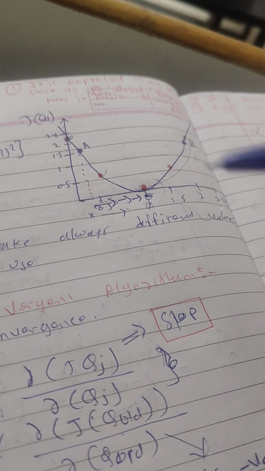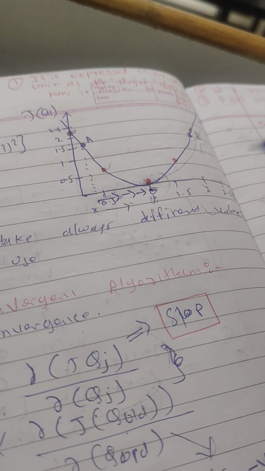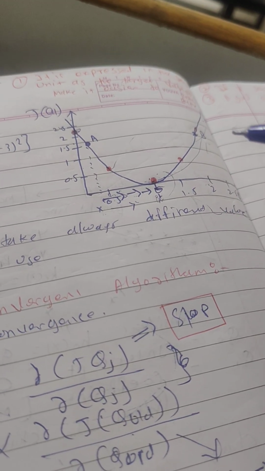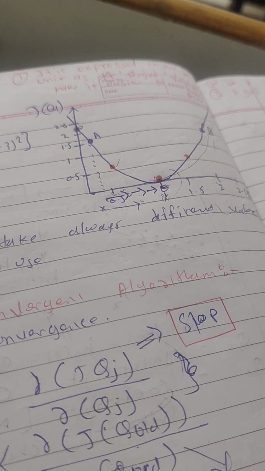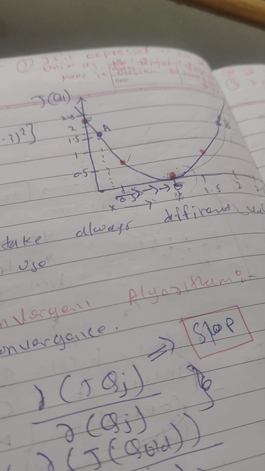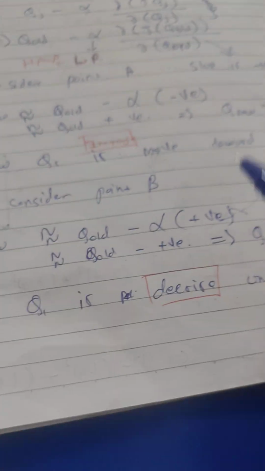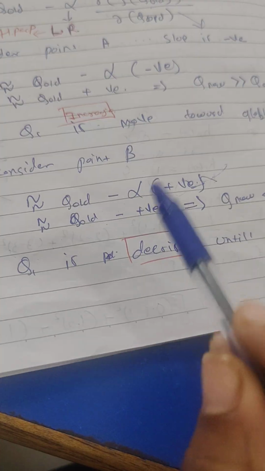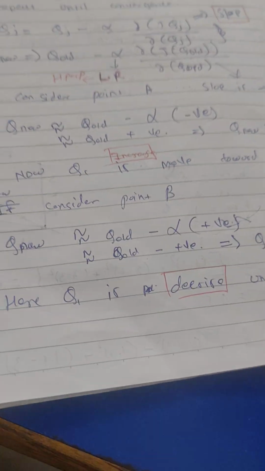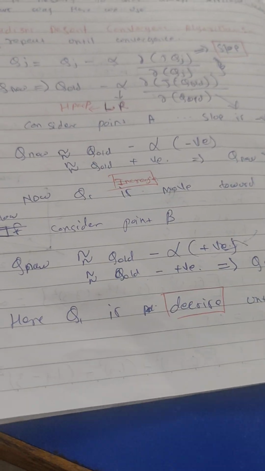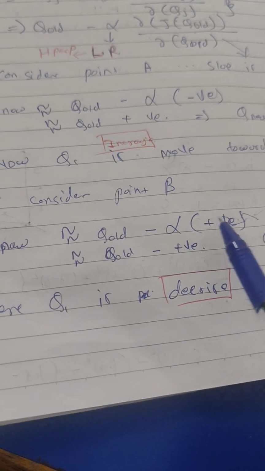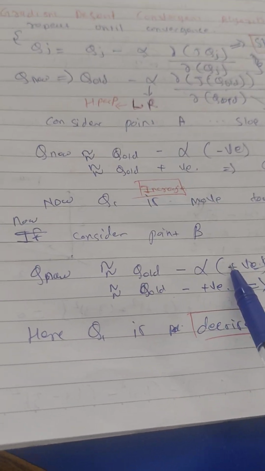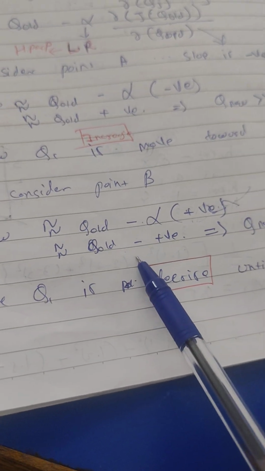If it's going downward, it means it has a negative slope. If the right hand side of the line is going upward, it means it is a positive slope. So according to this logic, here we just take a positive value. We don't know what the value of the derivative is, but we know that it is a positive value. So a positive value into a negative sign gives a negative value.